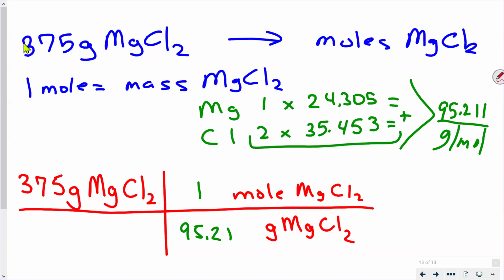What operation did we do to find the answer? Multiplication on top, division on the bottom. Correct. You guys keep working on that document. So we're going to multiply straight across: 375 times 1 divided by 95.21.